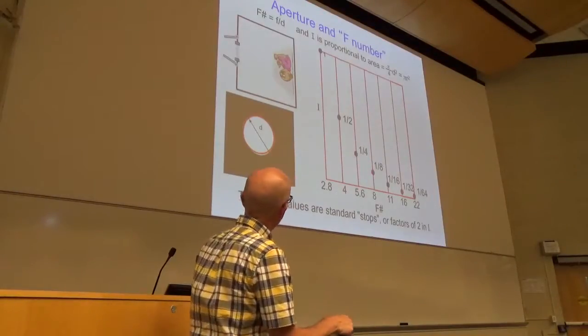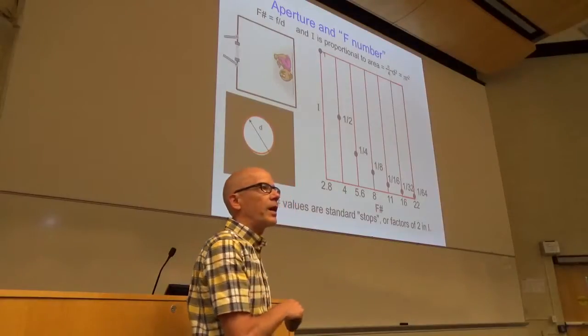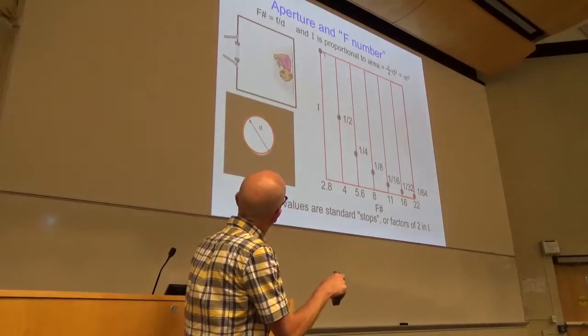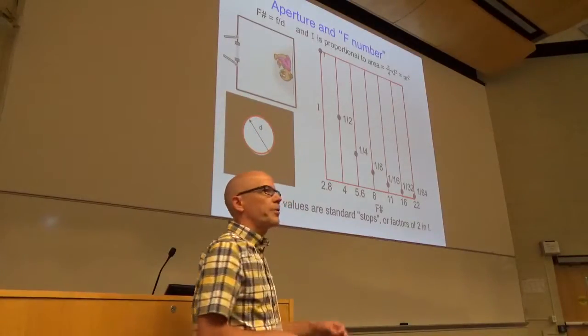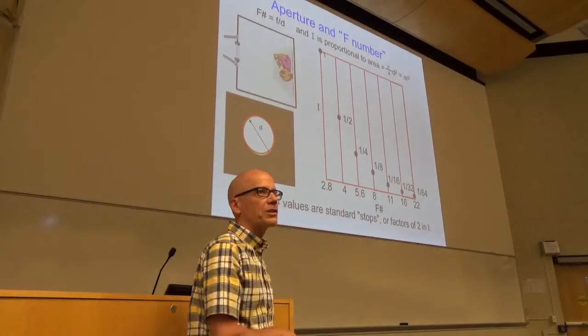So it goes back to defining an f number as the focal length of the lens divided by the diameter of the lens here. And the intensity of light that is able to come through that circle depends on a square relationship.